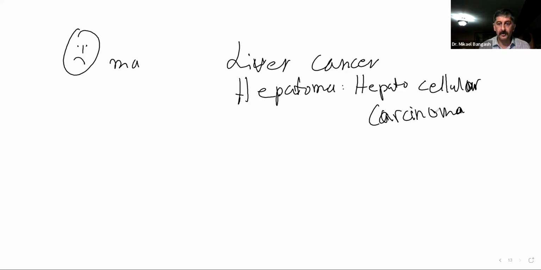If you definitely wanted to have the word carcinoma and specify that it is cancerous, yes. But all these three words are just three words for the very same thing. So liver cancer can also be called hepatoma, can also be called hepatocellular carcinoma.